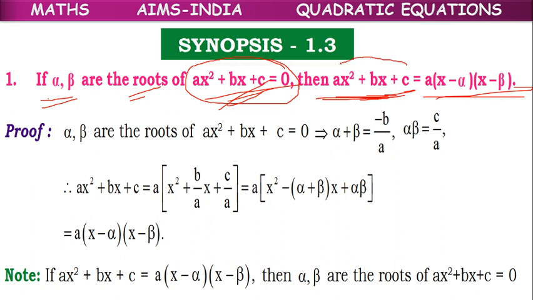It means the quadratic equation can be written in terms of its roots like this. We have to prove it.